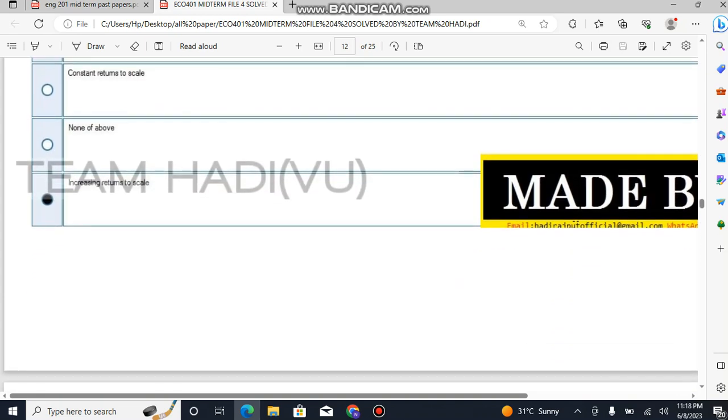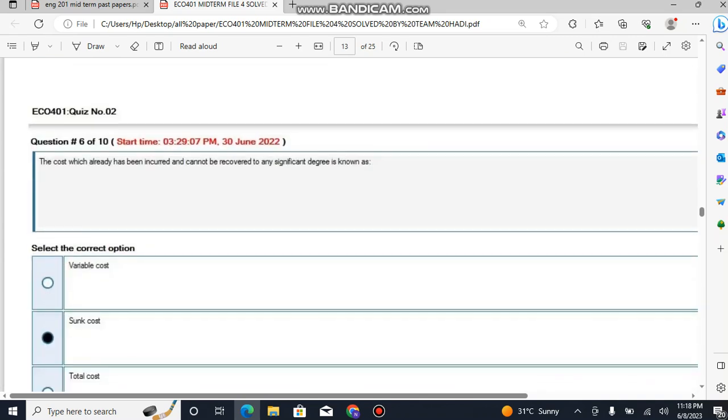increasing return to scale. The cost which already has been incurred and cannot be recovered to any significant degree is called the sunk cost.